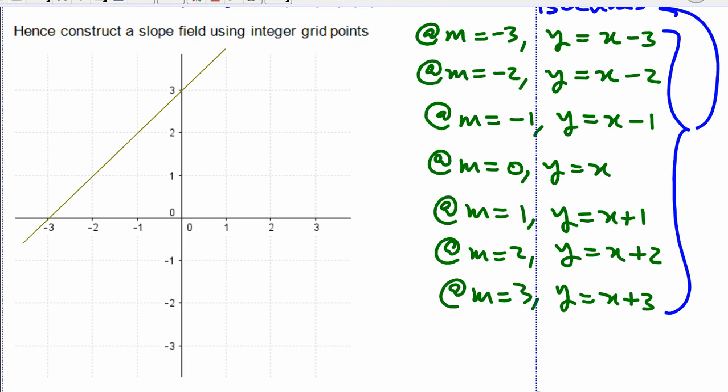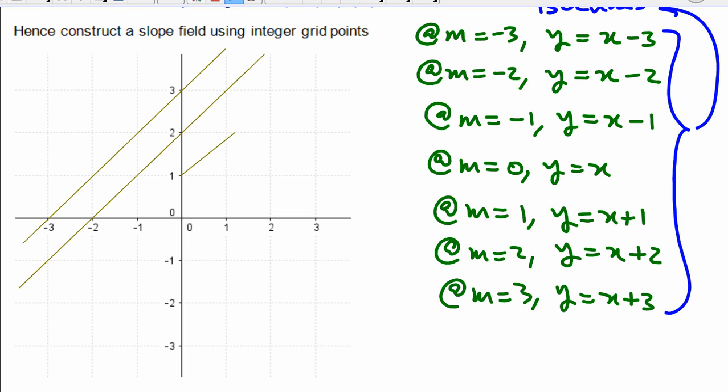Another one that passes through this point, and another one that passes through this point.